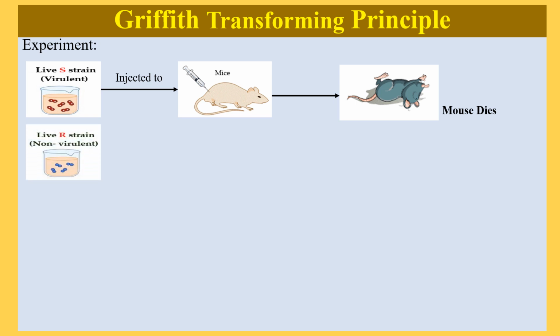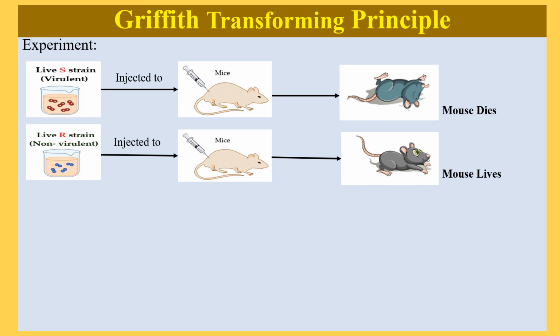In the next step, he took live R strain. As you know, R strain is non-virulent. It does not cause pneumonia. He injected R strain into the mice. The mice remained alive.